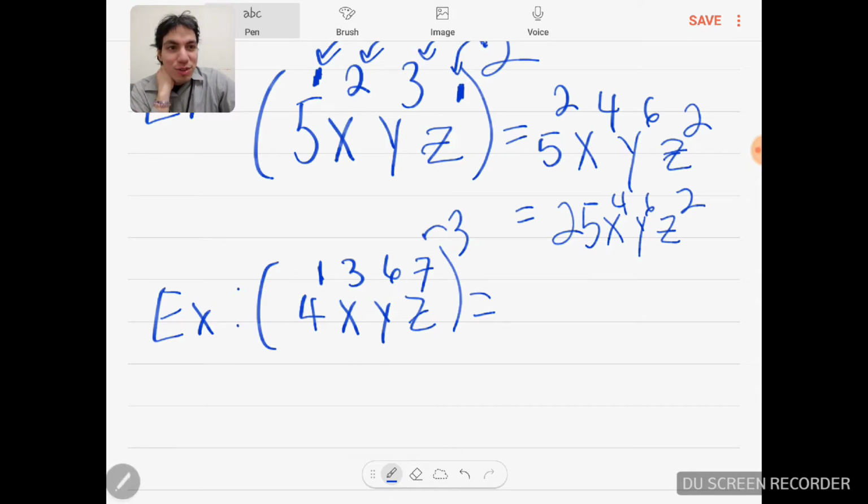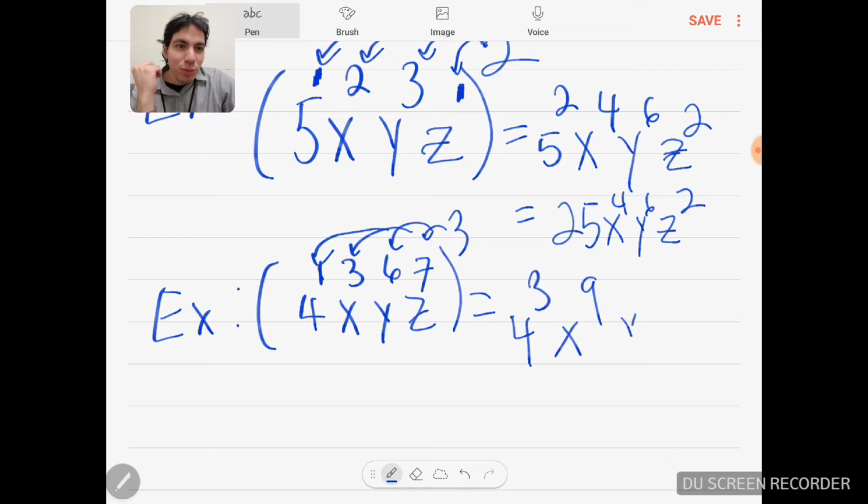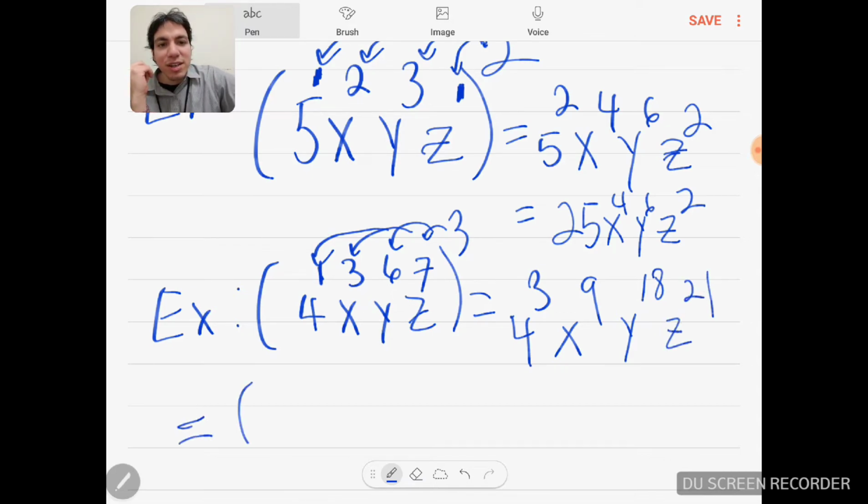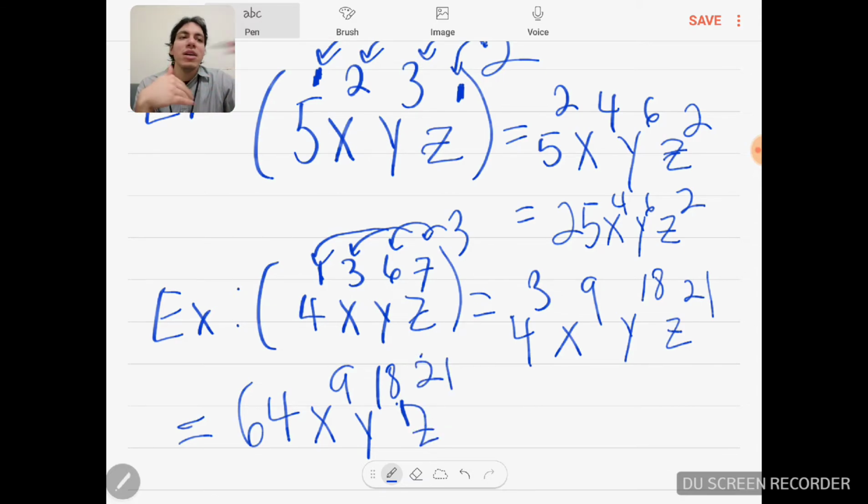Then, again, you distribute the 3 into each and every exponent because you're multiplying them. So it's going to be 4 to the 3rd, x to the 9th, y to the 18th, and z to the 21st power. But after I multiply this out, I should get 64x to the 9th, y to the 18th, and z to the 21st power.